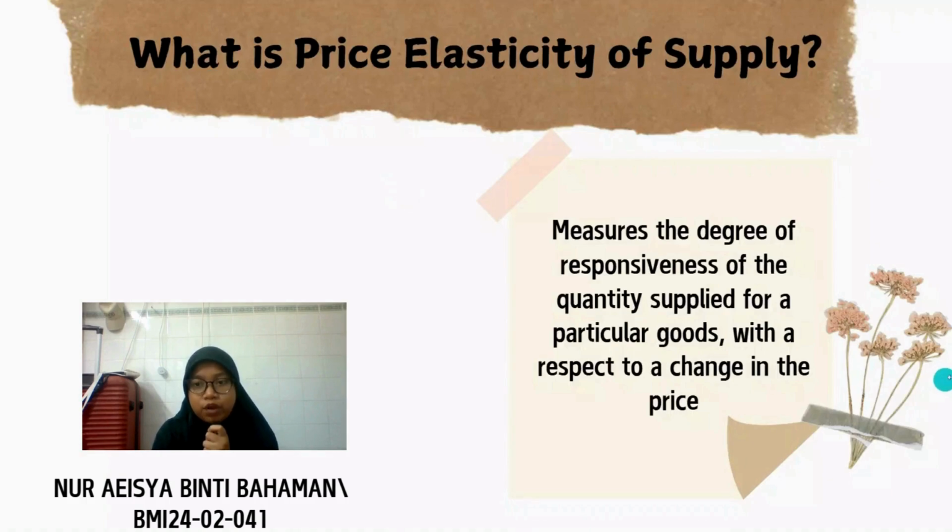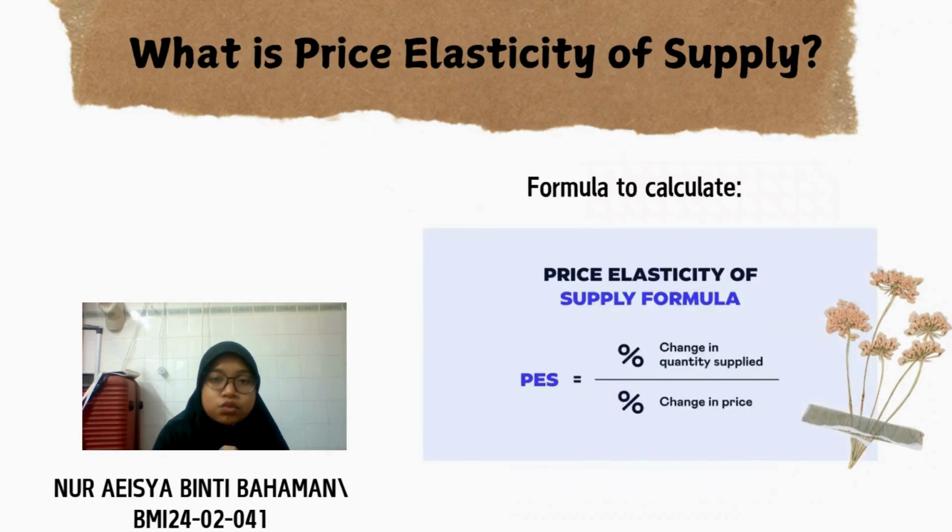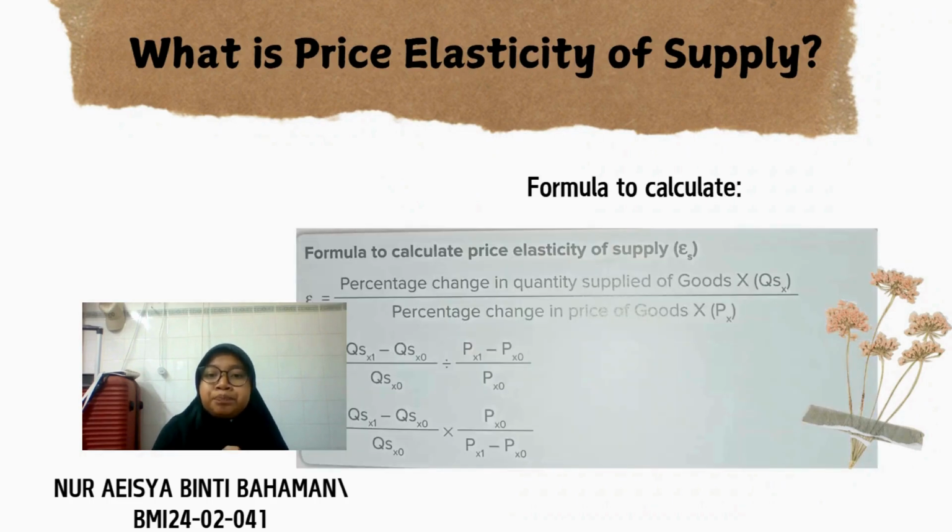First off, price elasticity of supply can be defined as the measure of the degree of responsiveness of the quantity supplied for a particular good with respect to a change in its price. We can also take the definition directly from the formula, which is the percentage change in quantity supplied over the percentage change in price.